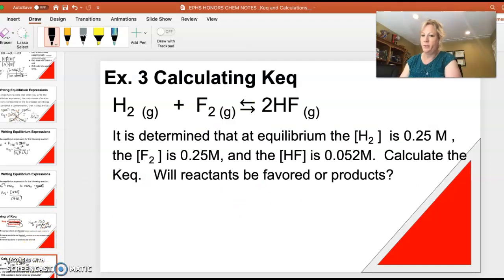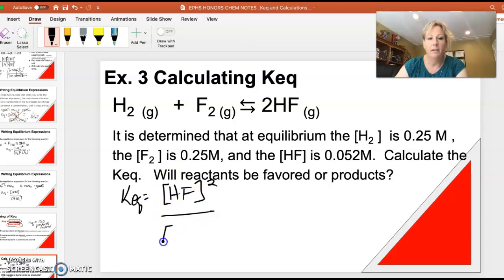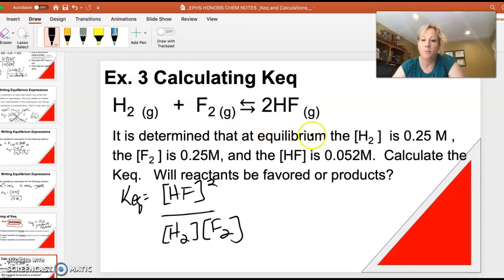Okay, so I'm just going to show you an example where we can actually calculate the value of KQ. Just know that whenever you do a problem, you should always include the expression first. We already did this one in a previous slide, so I'll just do it again quickly. In this question, they're telling me at equilibrium, in a lab, it was determined that the concentration of the hydrogen is 0.25 molarity.